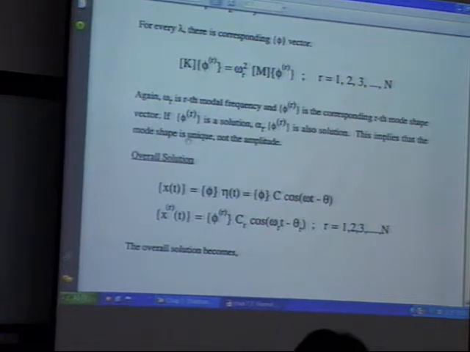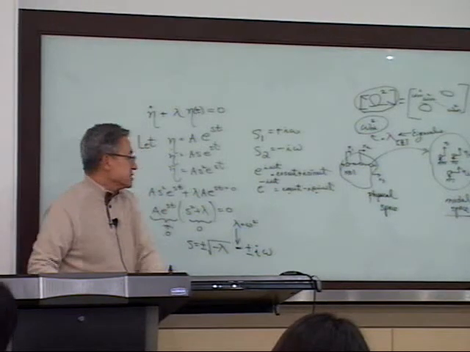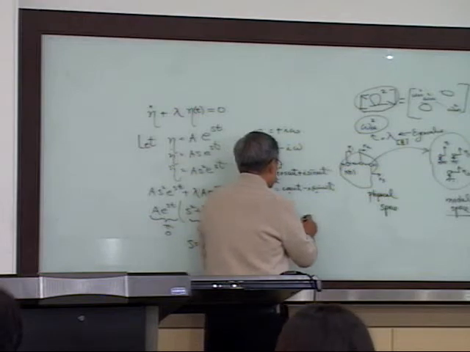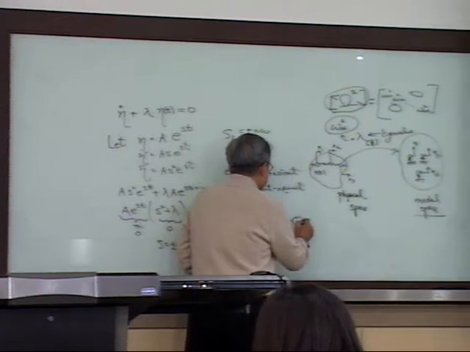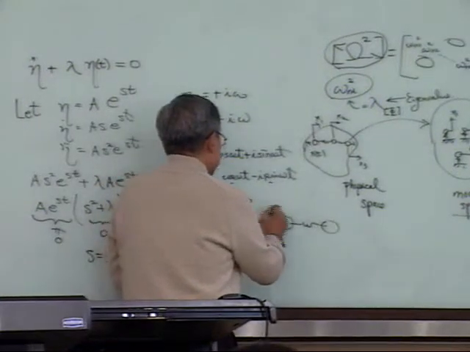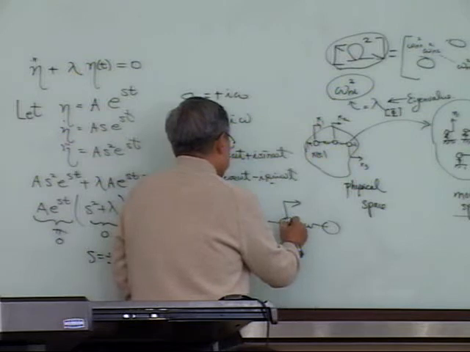Because mode shape relates to, let's say, displacement, the amount of the displacement is not important. So you have a mass there, a mass there, a mass there. If this guy moves here, this guy moves here, this is M1, M2.